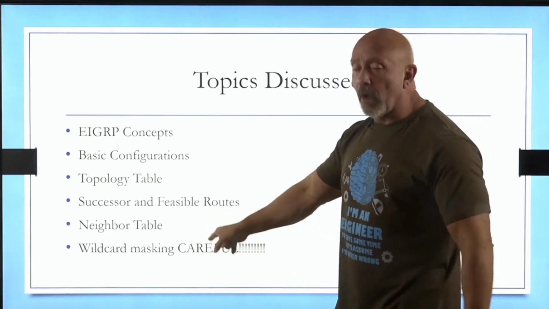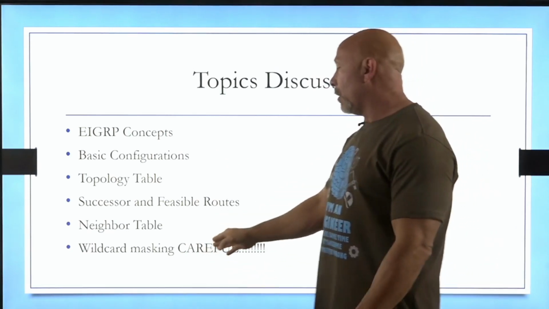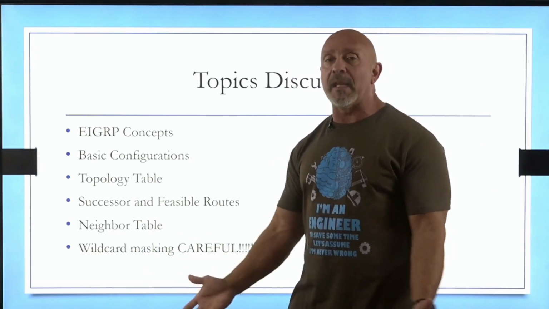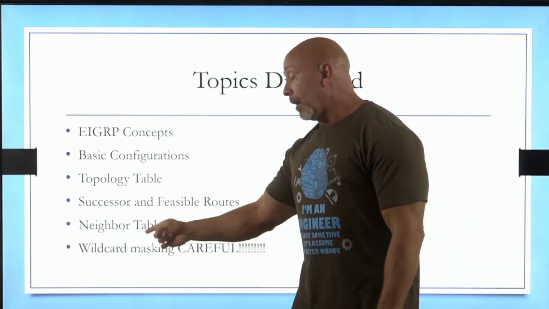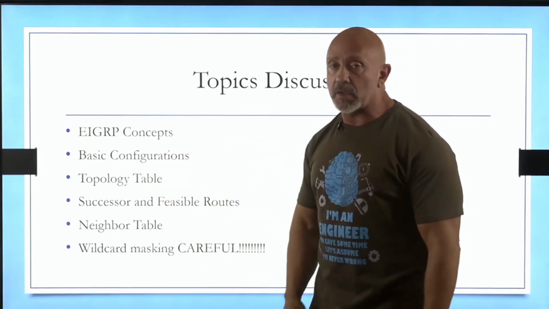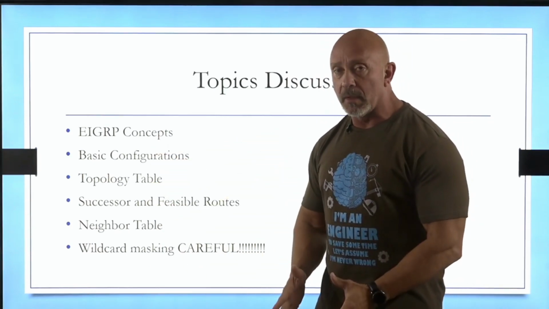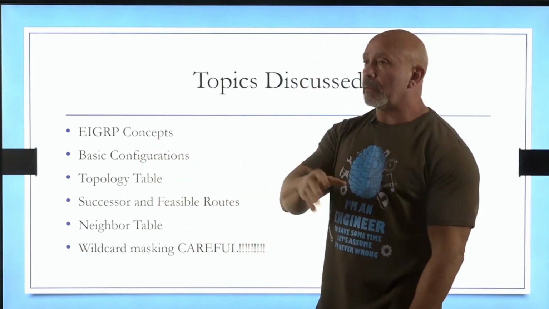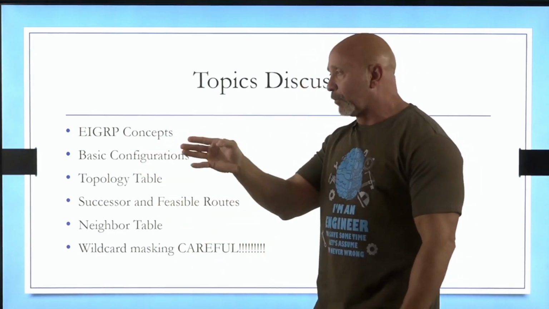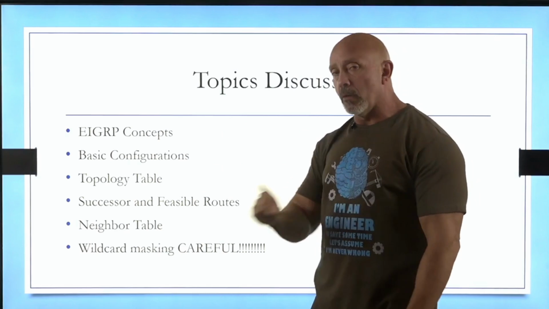Here you see where it says careful, careful, careful, because in the older CCNA, which is CCNA 120, they just changed it not a couple months ago, all right? It was the basic configuration for EIGRP that we used: router eigrp, the number, network, classful boundary, network, classful boundary, whatever it is, and then no auto-summary.